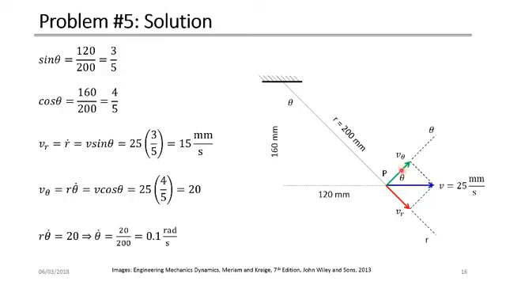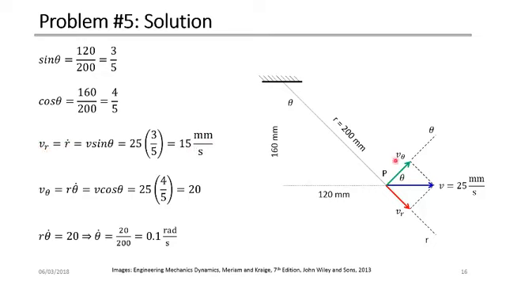This component is V cosine theta, and this component is V sine theta. So Vr is eventually V sine theta. V is given as 25 millimeters per second, and sine theta is 3 divided by 5. If we multiply this, we get 15 millimeters per second. So Vr, which is r dot, is equal to 15 millimeters per second. So r dot is found now.